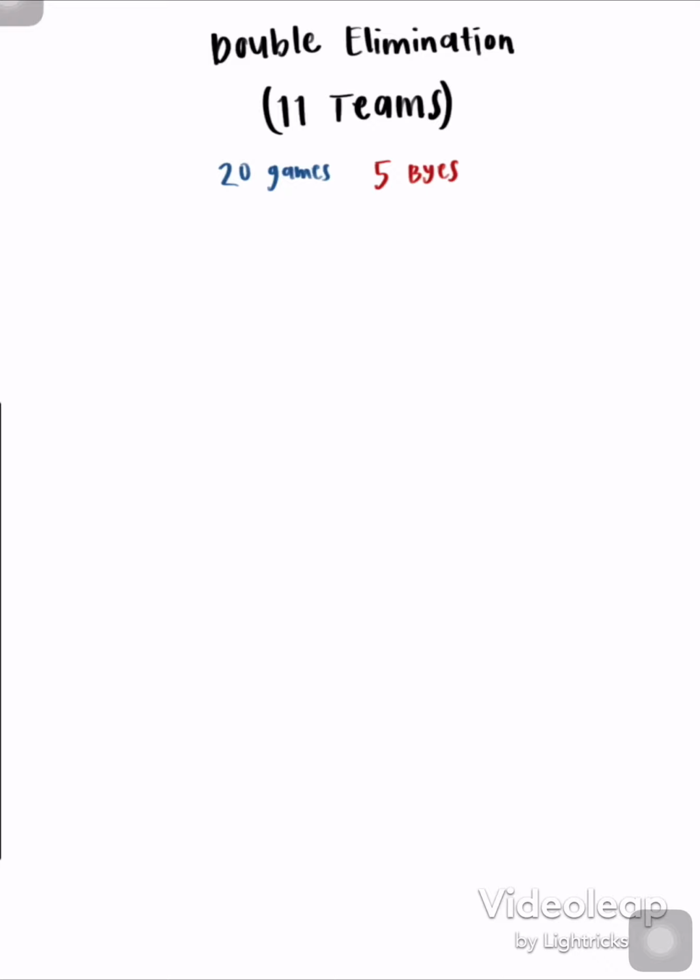So I'm just going to use letters. We have A, B, C, D, E, F, G, H, I, J, and K. There we have our 11 teams.